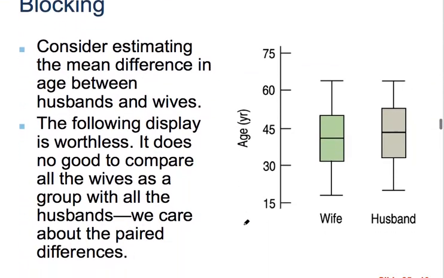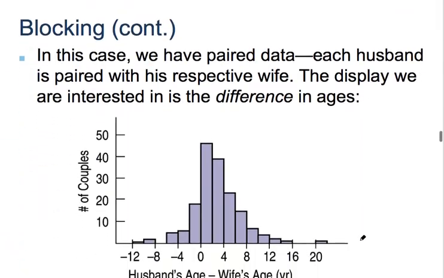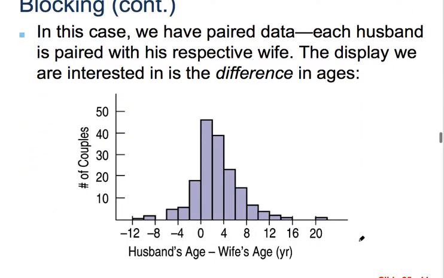Okay, so blocking. If we were comparing the wife's age to the husband's age, this box plot really doesn't tell us anything at all. It just tells us what the ages of the wives are and the ages of the husbands are, but it doesn't allow us to compare anything together. So you won't use box plots in this, because it doesn't show us anything. So in this case, we have paired data. Each husband is paired with his respective wife, and the display we're interested in is the differences in the ages.